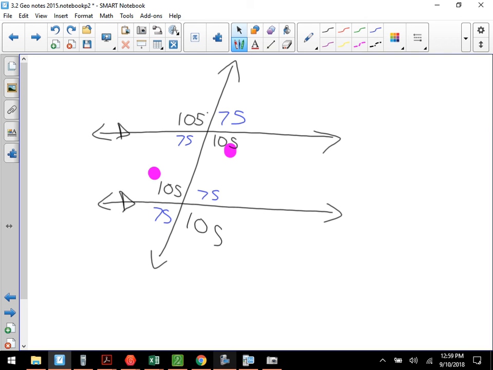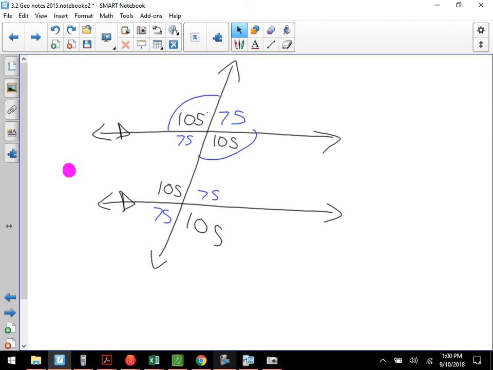The only other one we have to talk about is when they are on the same side. Let's put some tick marks in. When they're on the same side on the inside, that means those two, same side inside, what do those two always add up to equal? 180.